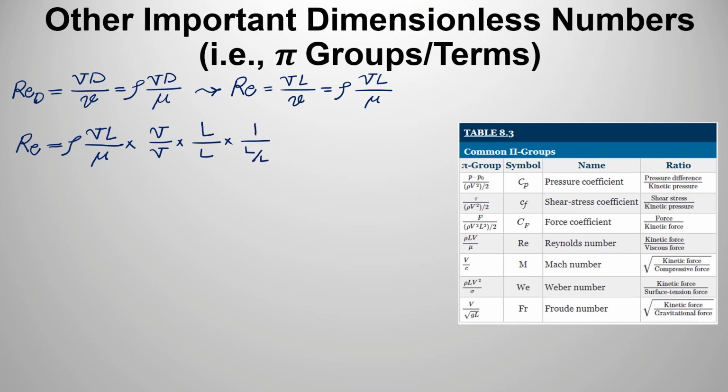Basically, I did nothing, right? Because they all cancel each other out. However, this will allow me to write Reynolds number in this form. So it would be rho, and in the numerator, you have velocity to the power 2, characteristic length to the power 2. And in the denominator, you will have mu, velocity over length, and then length to the power 2.